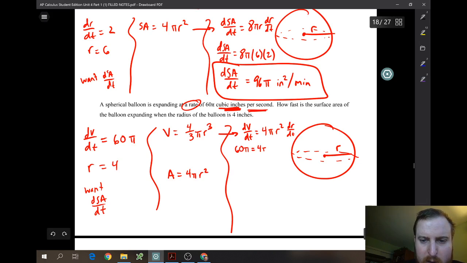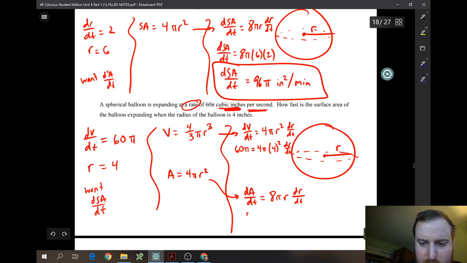equals 4 pi. Now for r squared, we can plug that in. And we don't know dr/dt, but we're actually going to be solving for it. And the reason I know I'm solving for it is because I cheated and I know what's going to happen in this problem. But if we took this dA/dt, because that's what we want anyways, we would have gotten 8 pi r dr/dt.